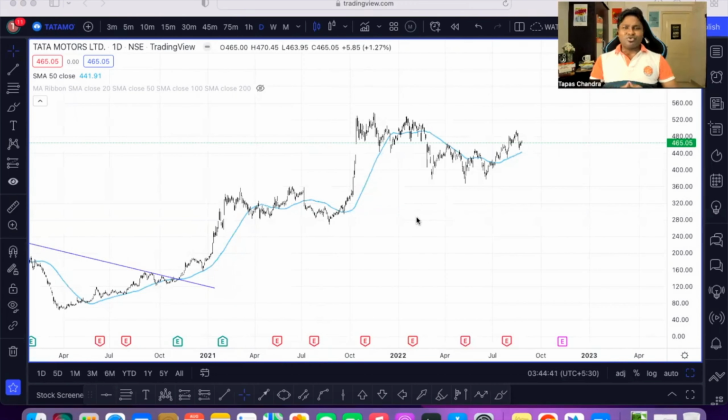Let's think that you have two options. Number one is a stock called Divi's Lab, and another is called Granules. Now, your technical analysis is telling you that both of those stocks are looking good, but you want to buy only one. In that case, you should always buy the stronger of the two. So what you can do is open the chart of the stock.